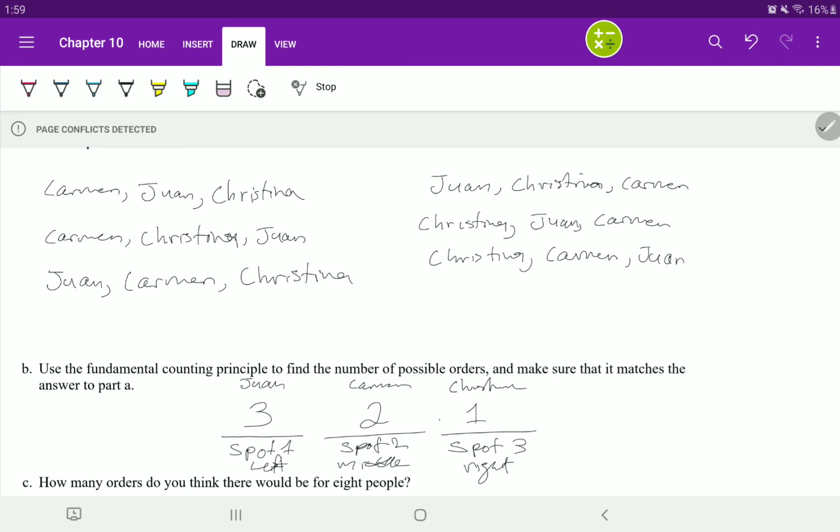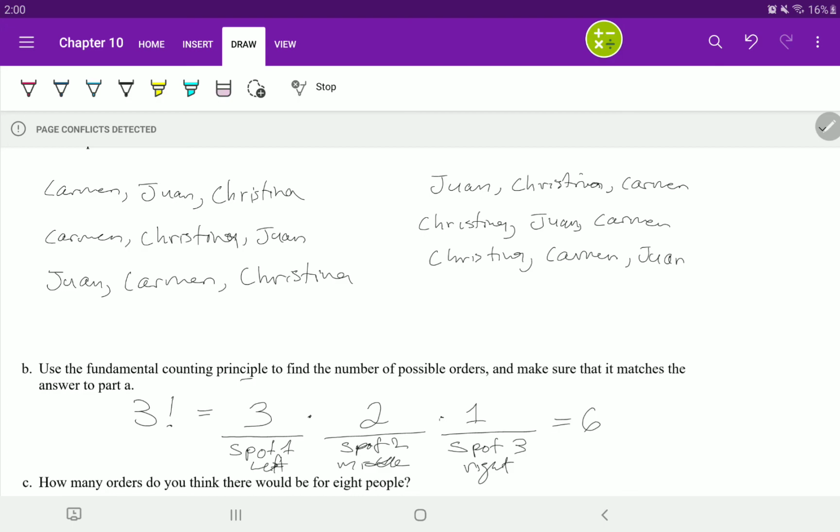And this is no specific order. I can have Carmen first, Christina second, and Juan third. When I multiply those out using the fundamental counting principle, 3 times 2 times 1 is 6. And if you notice, 3 times 2 times 1 is the same thing as 3 factorial.